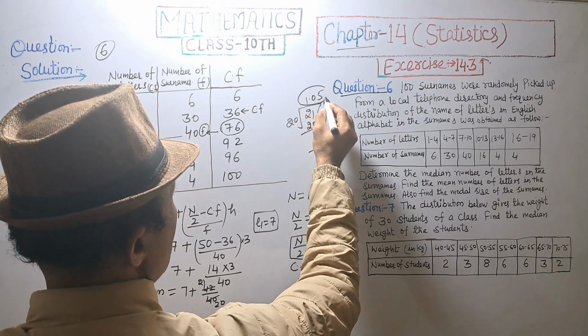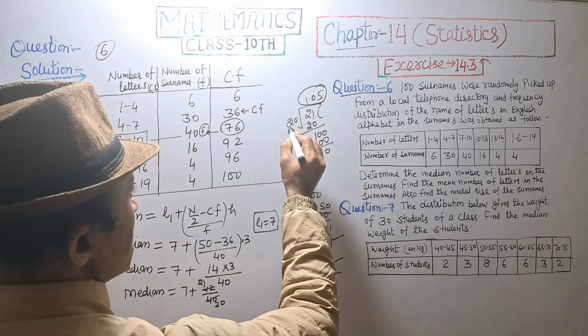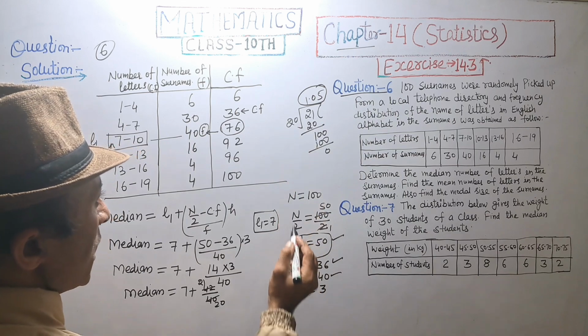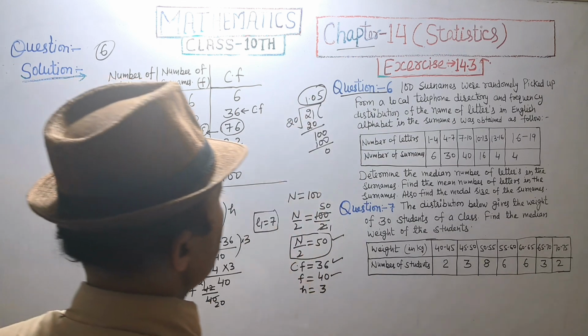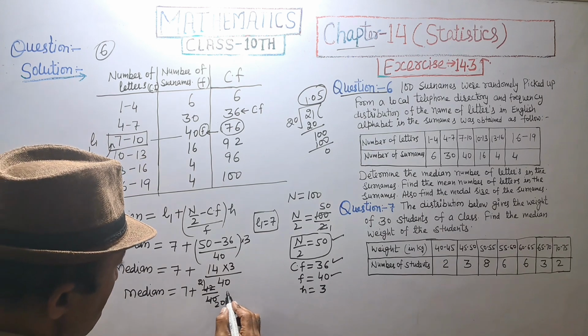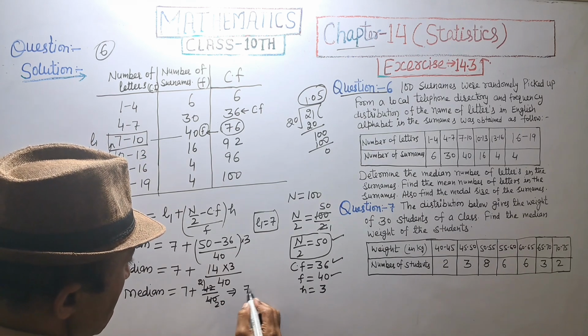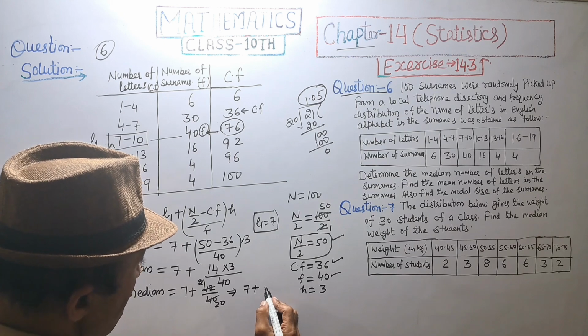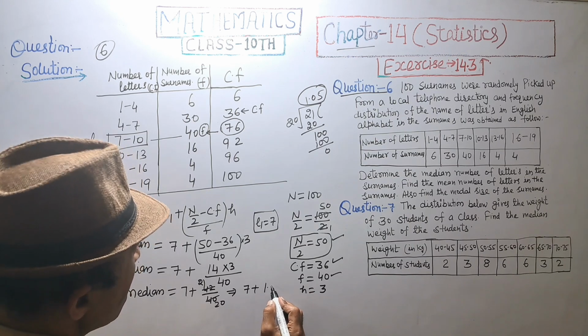So 21 divided by 20 is equal to 1.05. This implies 7 plus 1.05.